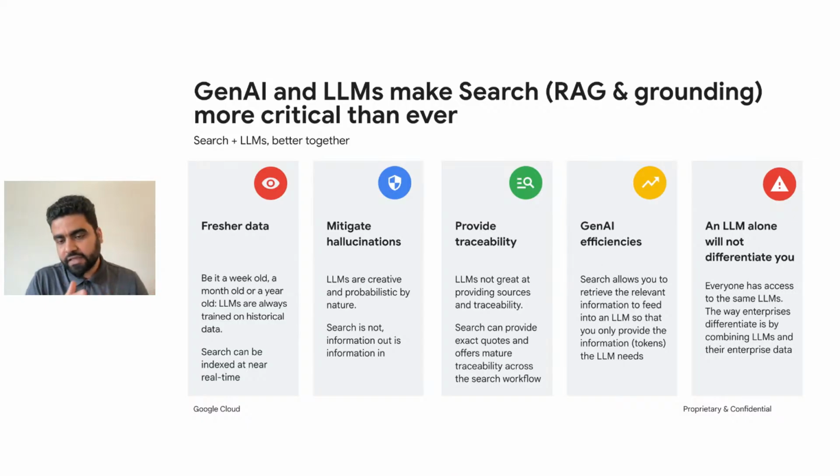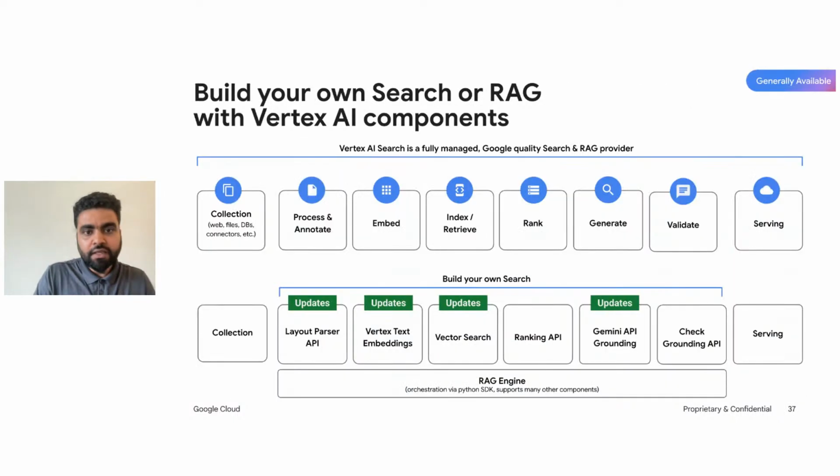And as I was already mentioning, an LLM itself is being created by different foundation model companies, right? So on its own, you will have to add some more specific data to differentiate your solution. If you're trying to build a RAG system on top of GCP, there is a very step-by-step process catered by RAG Engine, right?